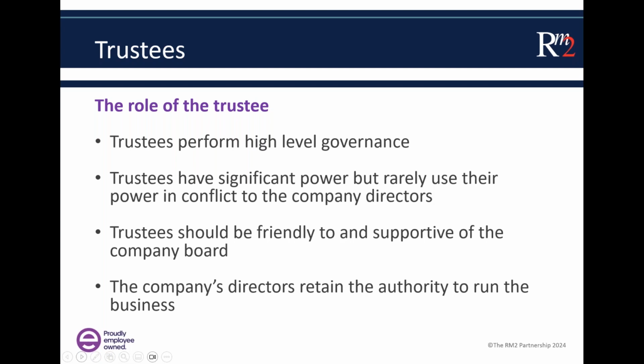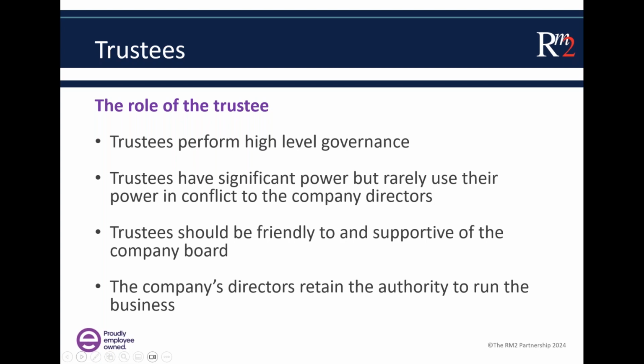It means that trustees do have significant control. They can remove and appoint new directors, they can raise special resolutions, they can effectively veto board decisions, but they don't do it because they have handed over the ability to run the business.